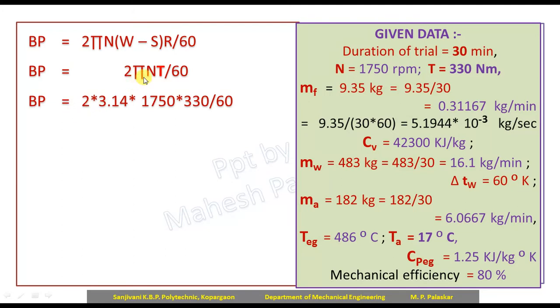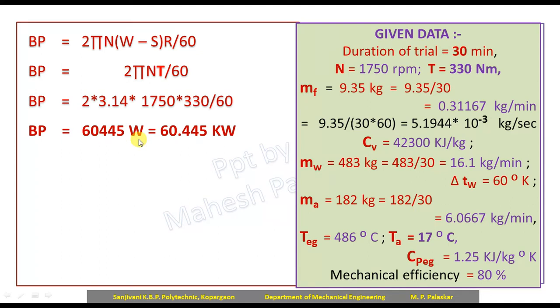This is 2, then pi 3.14, then the RPM, the speed is given as 1750 RPM, then the torque is given as 330 Newton meter. Torque T is 330 Newton meter divided by 60. So we get the brake power as 60445 watt.